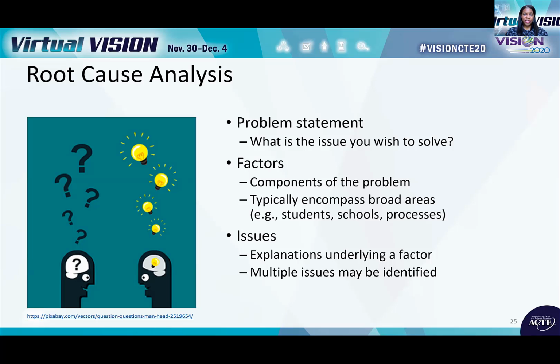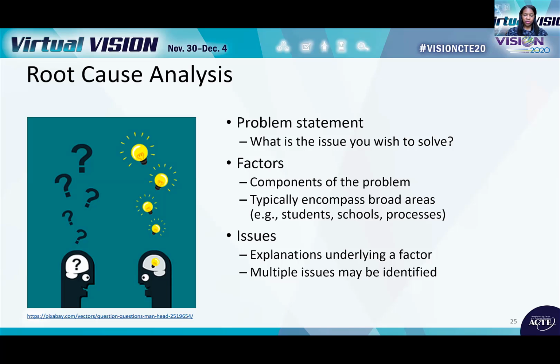So once you've identified a problem in a problem statement, you'll identify the factors that may be involved. Those factors typically encompass broad areas such as students, schools, systemic issues. And then for each factor, you're going to identify underlying issues that help to explain why the problem exists more thoroughly.